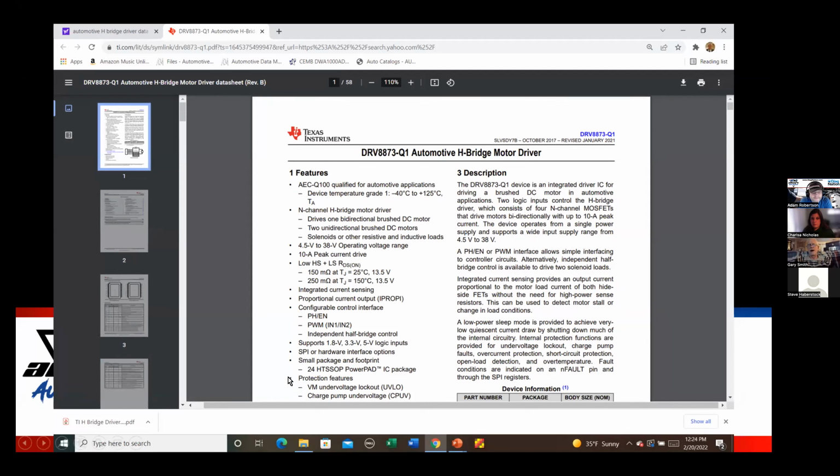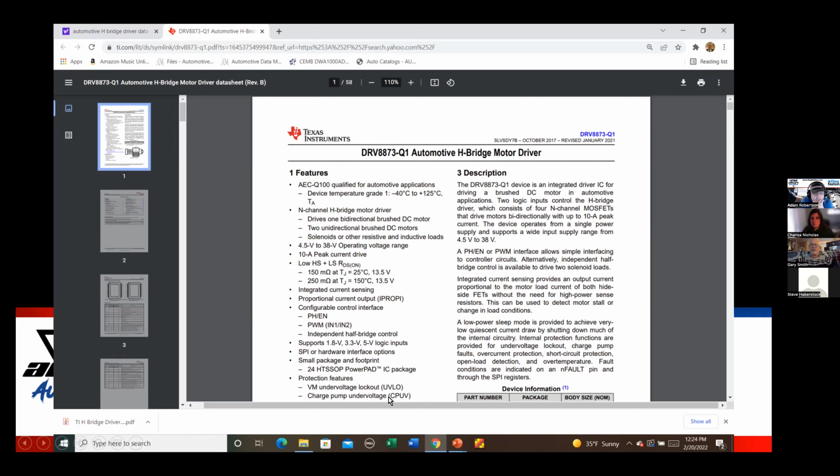If we look at the bottom of the left side here, I'm circling an area that says protection features. The first thing it says is voltage VM, which is voltage into the chip, under voltage lockout.